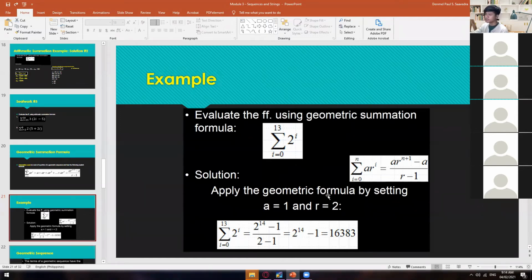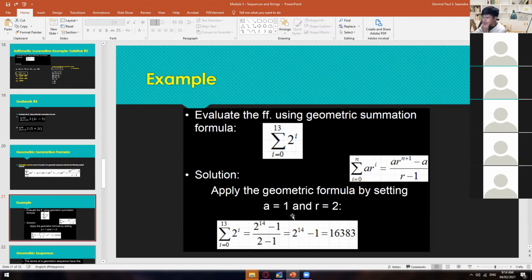Oops, I'm sorry. So this one is not a constant or a fixed value. Okay, this one came from this formula. So your r here is 2, and then your a here is 1.